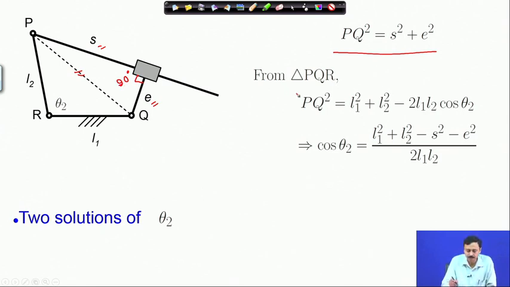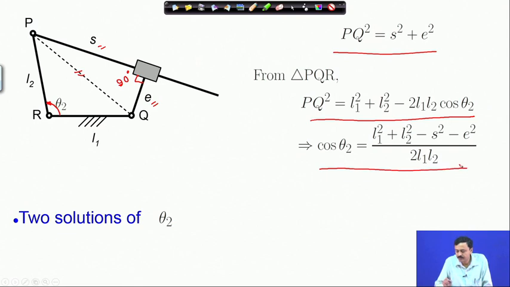Now, from triangle PQR, this PQ square, using the cosine rule, I can write in terms of the angle theta 2. So, this angle is theta 2. So, I can relate PQ also from the other side using theta 2, and this is what we have.